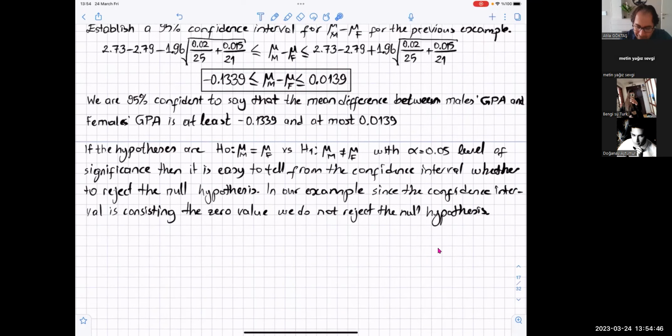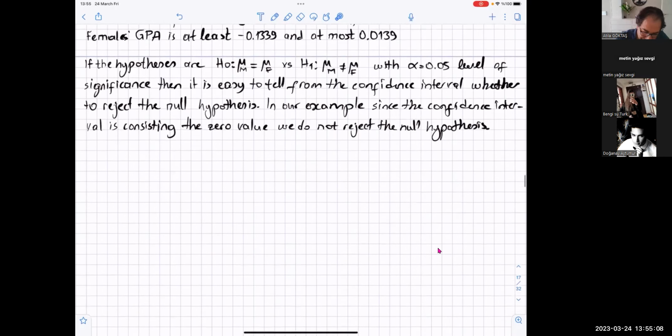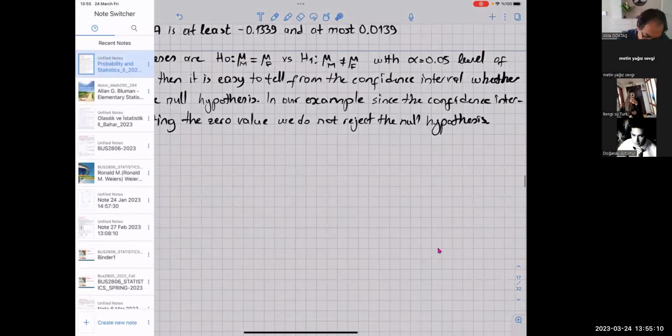Or you might have a positive lower bound and positive upper bound, and in this case also the zero value is not within the interval, and you reject the null hypothesis with alpha level of significance for a double-sided hypothesis. Let's have another example from the book.